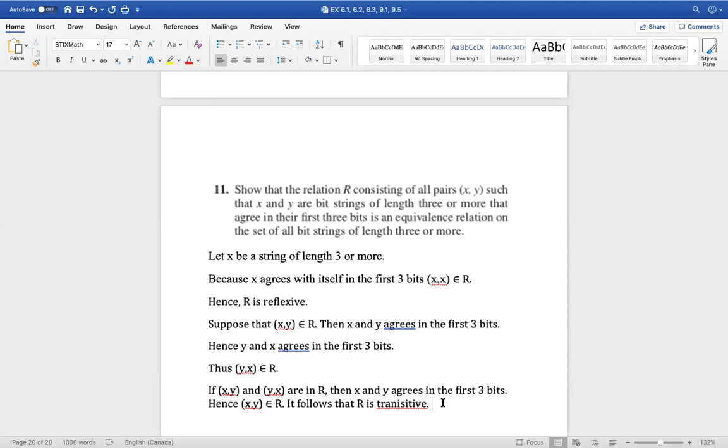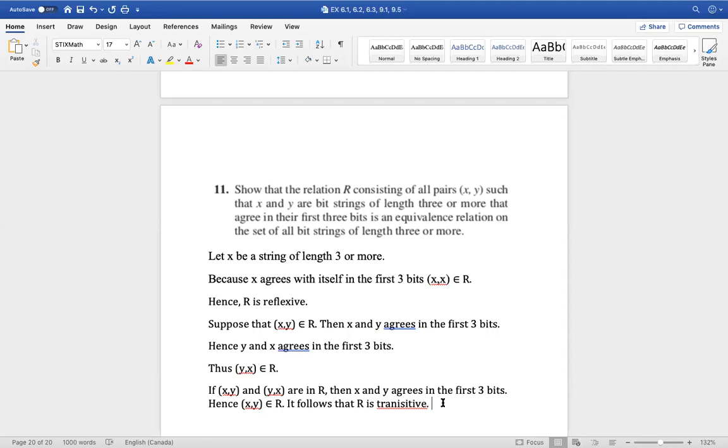Basically what we did is we assumed that x is a string of length 3 or more, and then we said that x agrees with itself in the first three bits, so (x, x) belongs to the relation. Because it's a pair of the same elements, it's a reflexive relation.